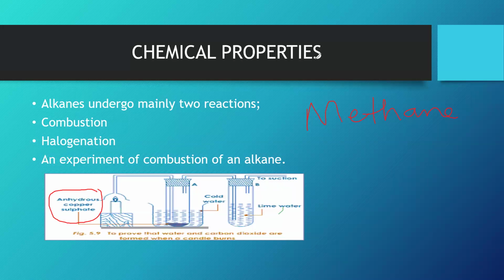Sorry? H2O. It's called water, not H2O. Thank you. So we have water. So that means we expect that in our experiment, we are going to produce water somewhere because we have anhydrous copper 2 sulfate. And then, of course, we have the cold water.